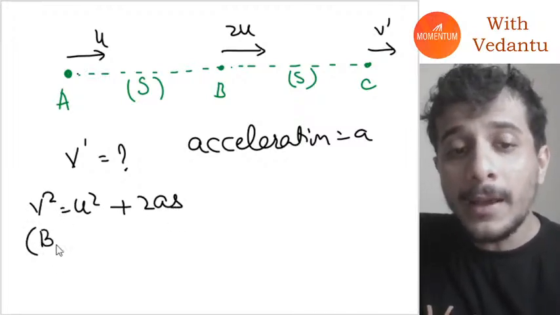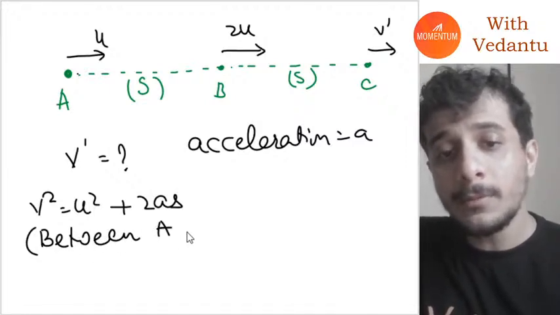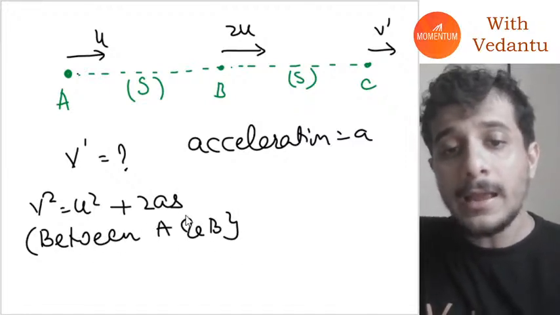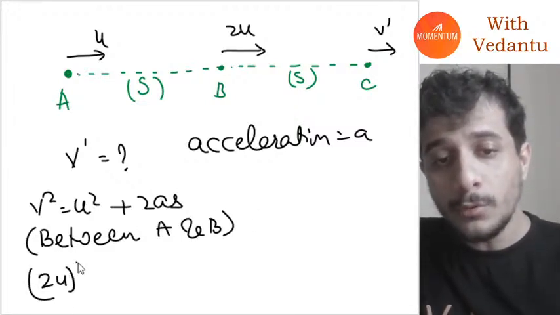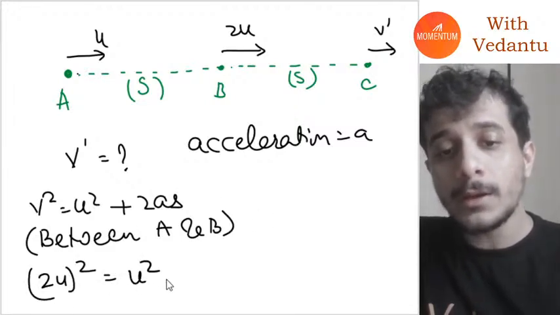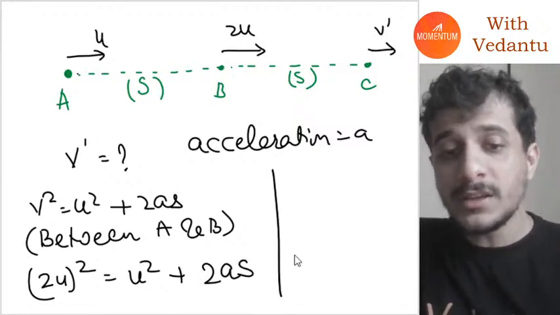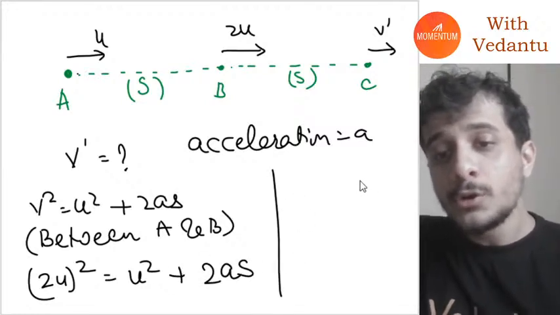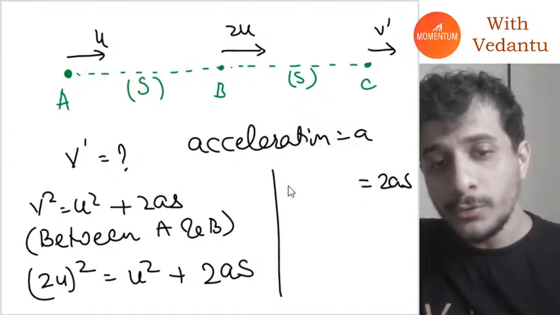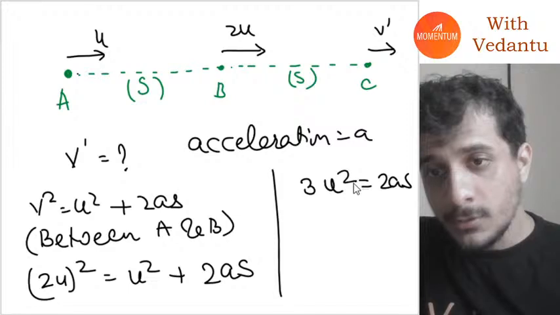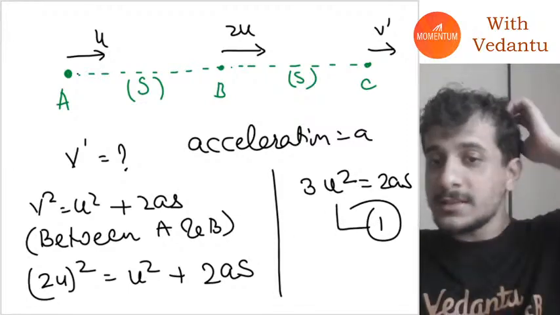If I apply this between the motion of A and B, I can write 2u the whole square is equal to u square plus 2 into a into s, which gives me 2as is equal to 2u square minus u square, which is 3u square. Let's call this equation 1. We can just use this in the next one.